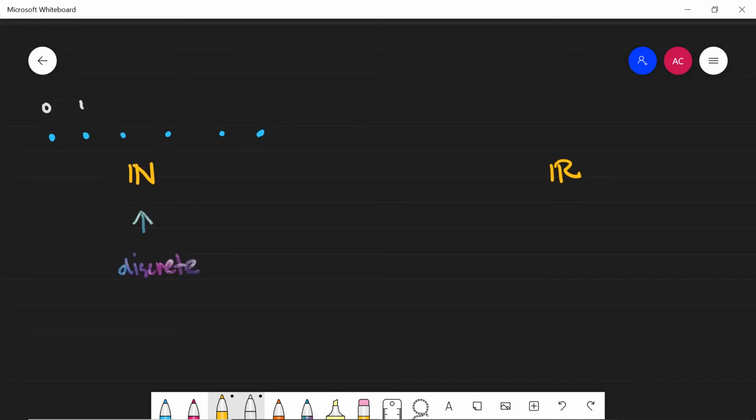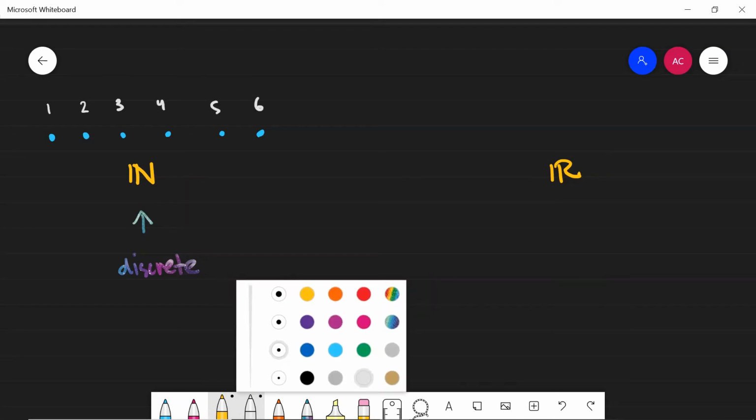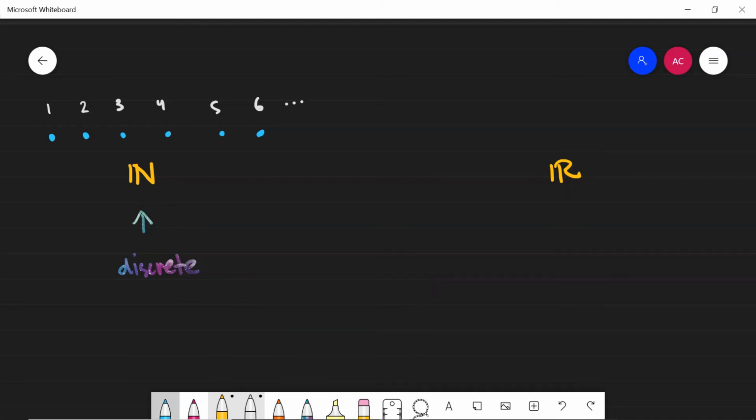You have 0, 1. Wait, 1 is not included in the naturals. Sorry. This is 1, 2, 3, 4, 5, 6, and of course you go on off to infinity. Of course I can't draw infinitely many dots here, so I'm putting my ellipses. The point is that you're infinite, but you're discrete.